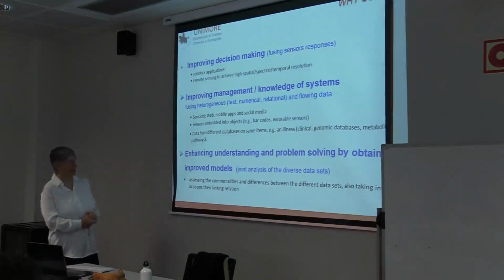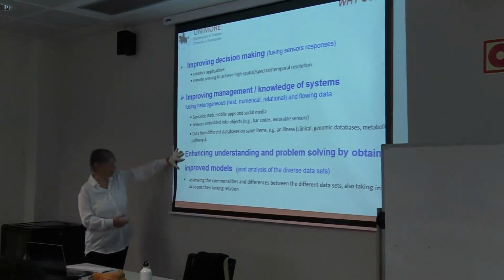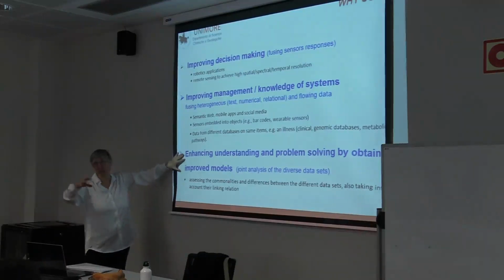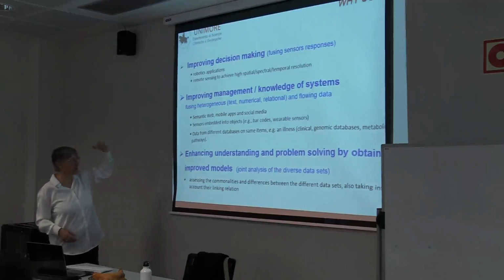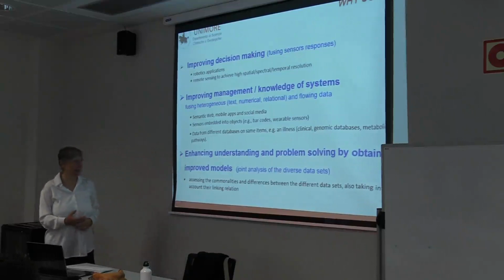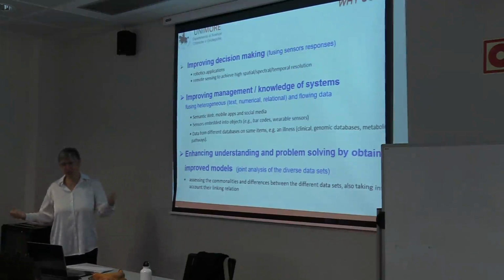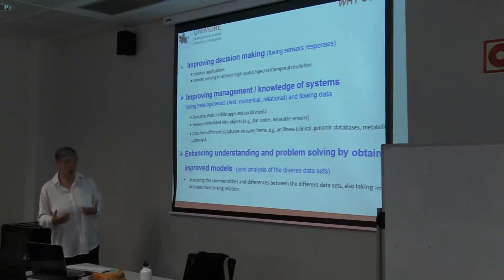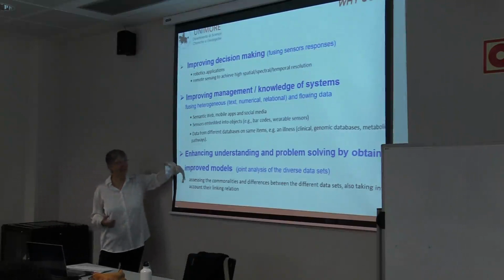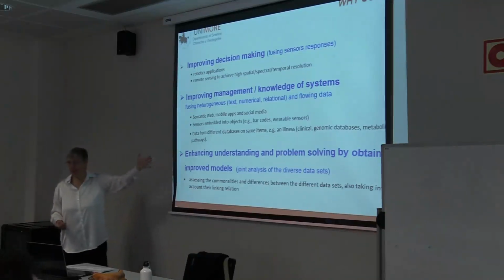motivation. And usually, as an econometrician, and probably knowing your background, you are also in this motivation. So in this case, we want to enhance understanding and also the capability of solving real problems by obtaining an improved model. So in this case, we want to merge different data sets, because in the end, we want a model that is smarter, is more performing, will predict well, or will help us to better understand what is going on.